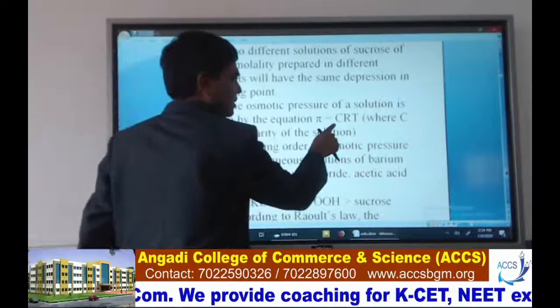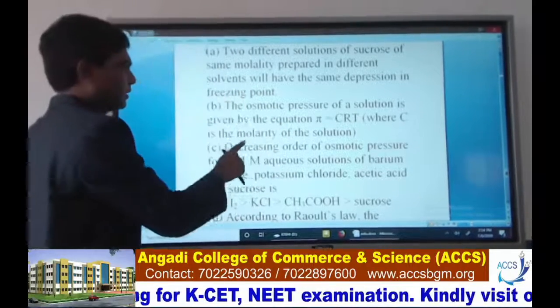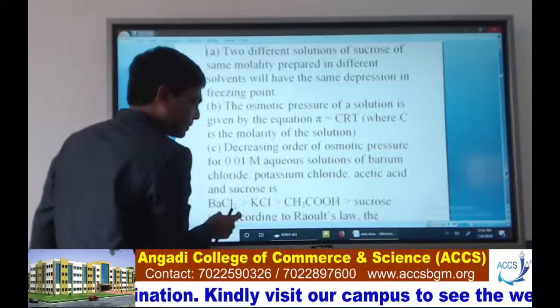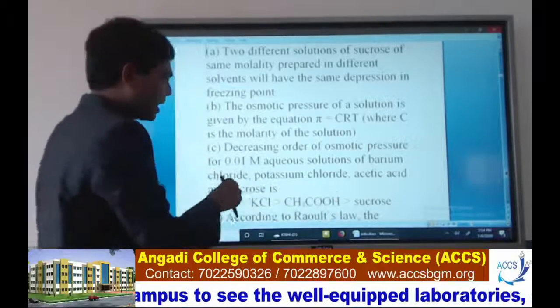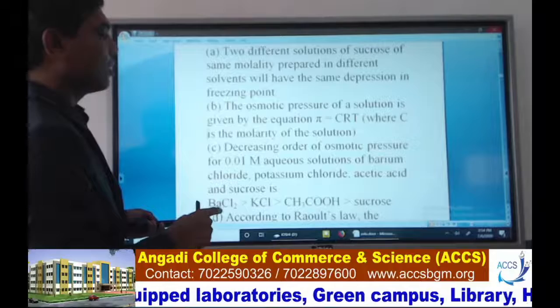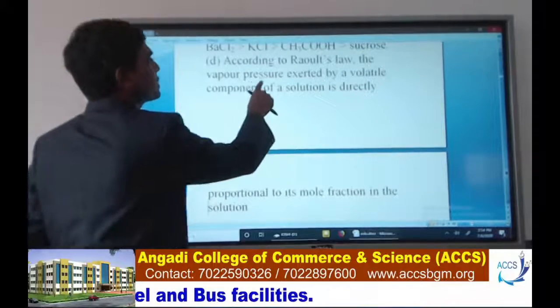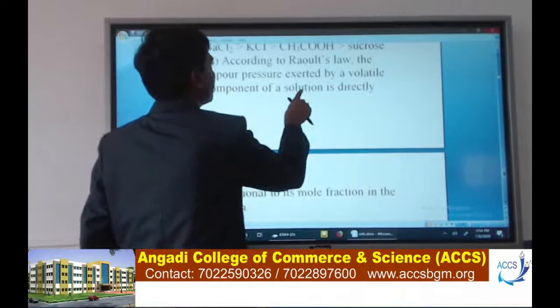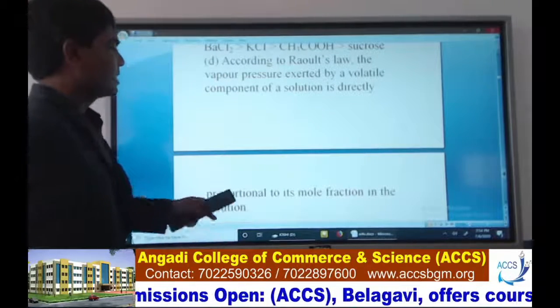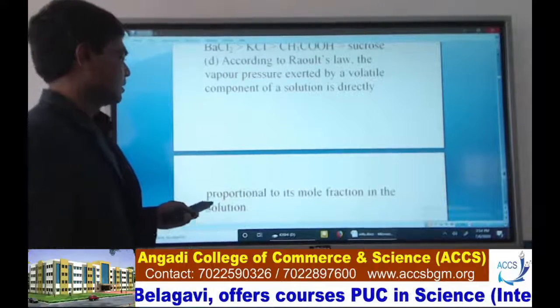Osmotic pressure equation is pi equal to CRT. Third one is osmotic pressure decreasing order. And the fourth option is, according to Raoult's law, the vapor pressure exerted by a volatile component is proportional to mole fraction.